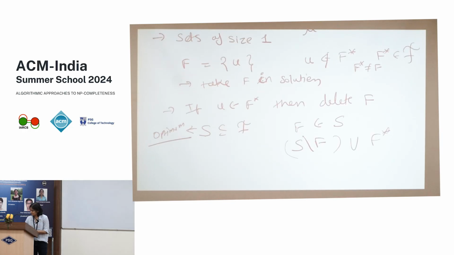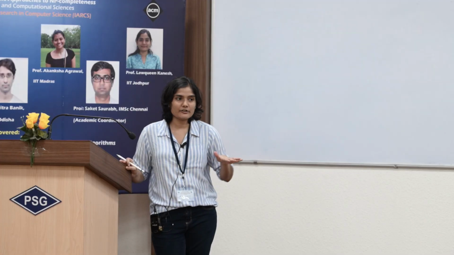Now, I want you to deal with two size sets. And then if no such sets are there of size 1 or 2, then every set has size at least 3 or there exists at least one set of size 3. I would like to branch on that. Okay, so size 1 set I have taken care of.